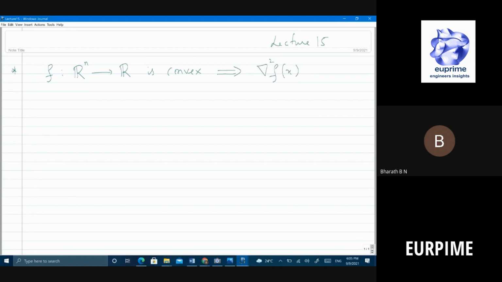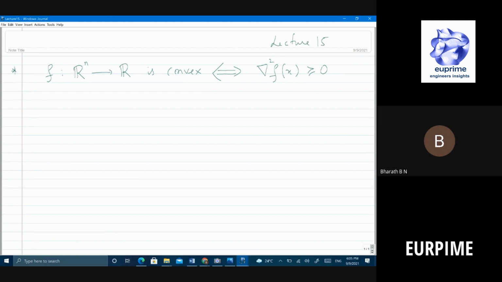What can you say about the Hessian? It's positive semi-definite, right? And if the Hessian is positive semi-definite in its domain, then the function is convex. So it's an if and only if.